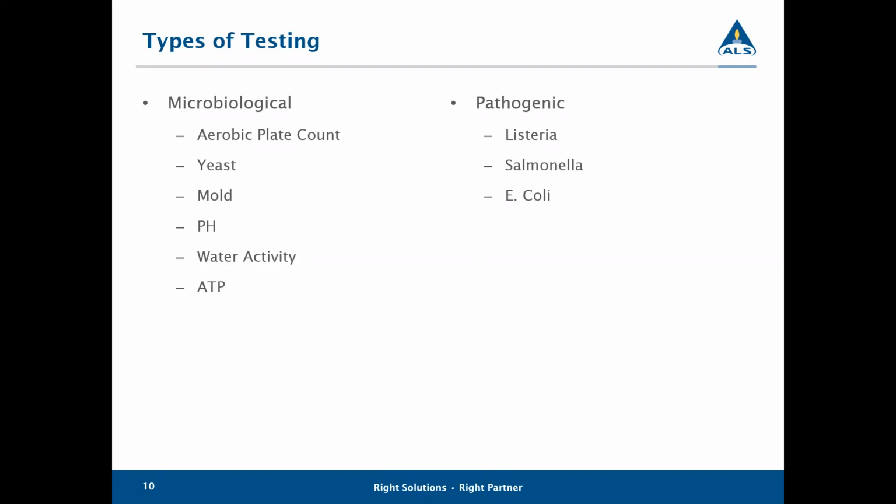One of the last things on the micro side is an ATP monitoring system. This is typically used in the field, in the production area, by the sanitation team. It's adenosine triphosphate, present in all organic materials, and is the universal unit of energy used in all living cells.